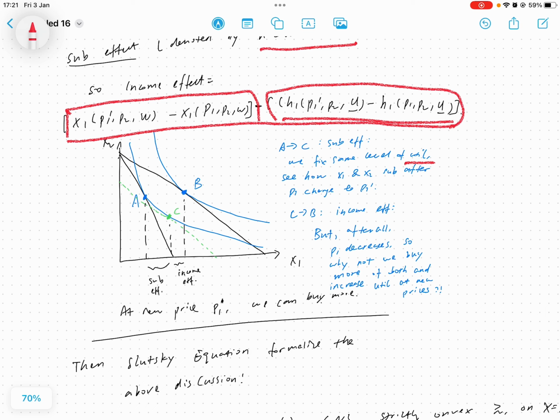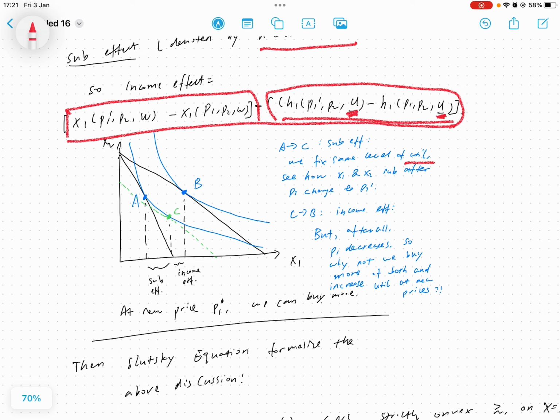So how about the income effect here? The income effect will be the change from point C to point B. The basic idea is that after all, P1 decreases, right? Previously, when we were looking at the substitution effect, we were holding the same utility level, U lower bar.